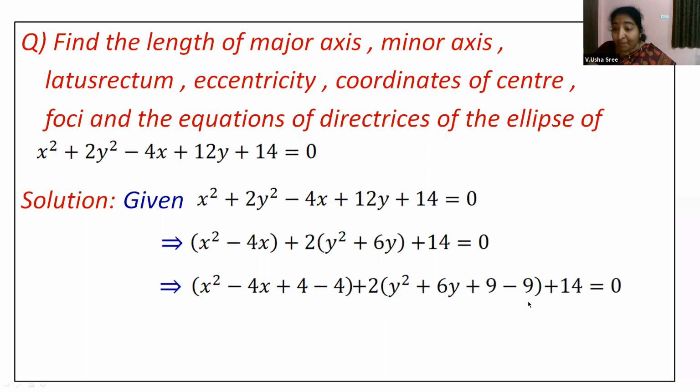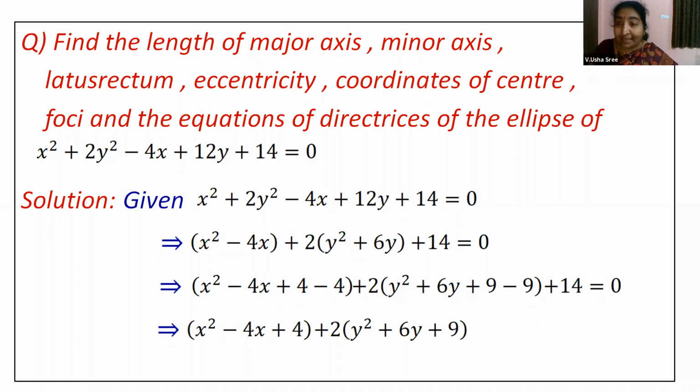And in the second bracket, when you simplify, 2 into minus 9 becomes minus 18. That minus 18 is left now. And you have plus 14 equal to 0 also. So we are just bringing the extra terms other than the one which is required to write in the form of something whole square. We are pushing them out of the brackets, right?